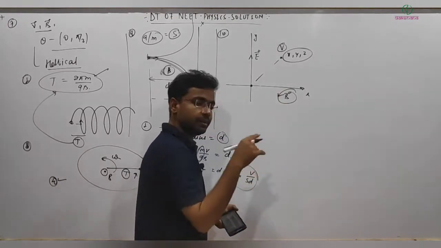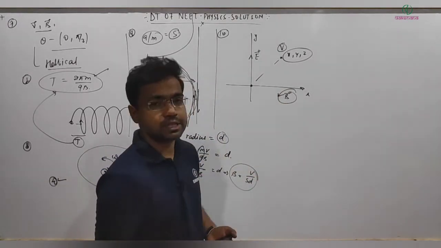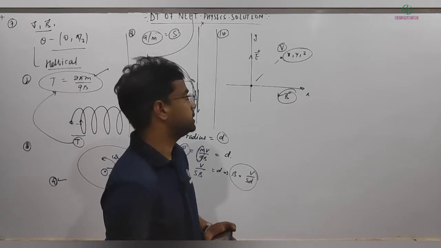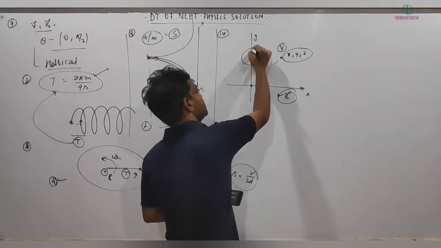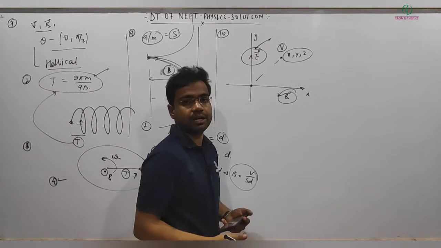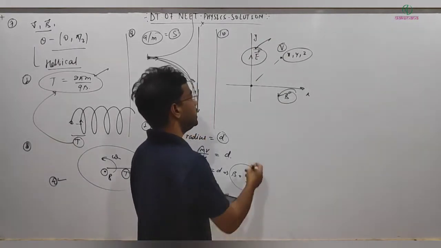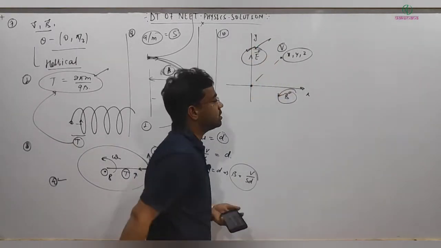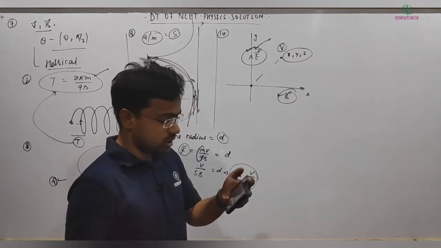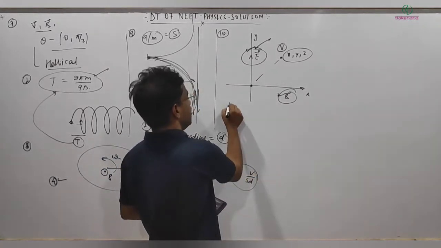It can just make it revolve in a circular orbit, that's the only possibility. So only the electric field will be the reason for changing the speed.